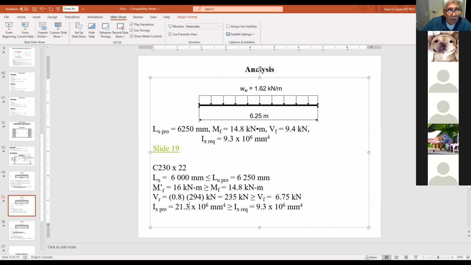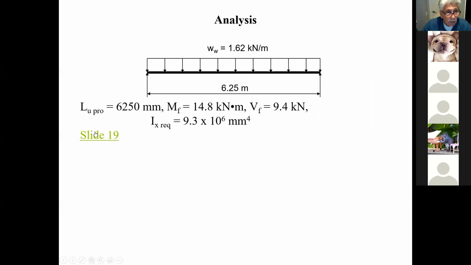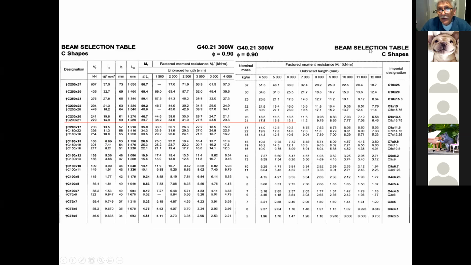Now don't forget that this is for this. See, you can specify that the channels can be G40.21 300W steel.